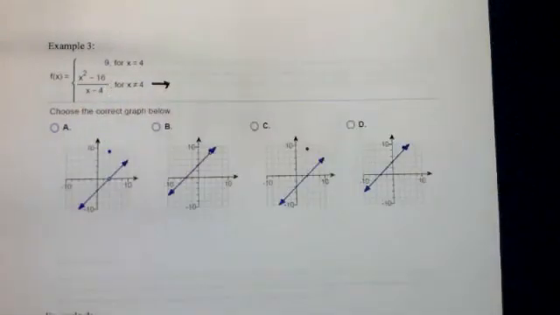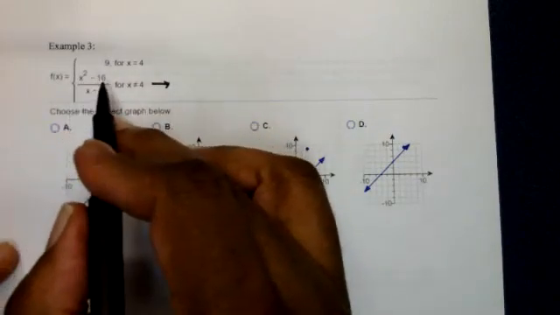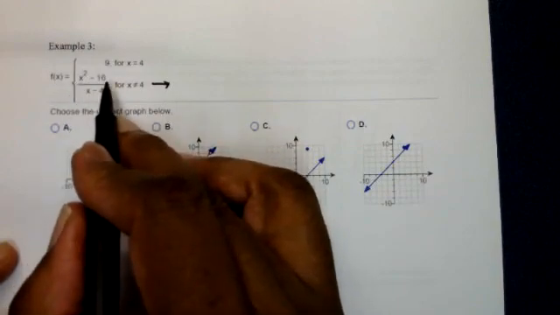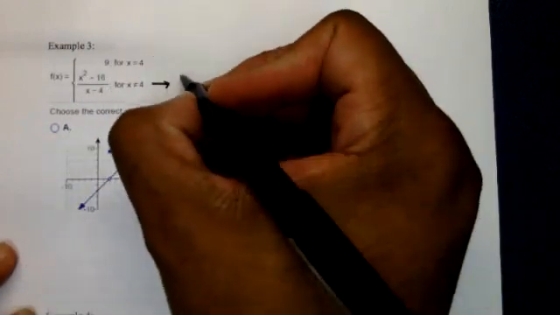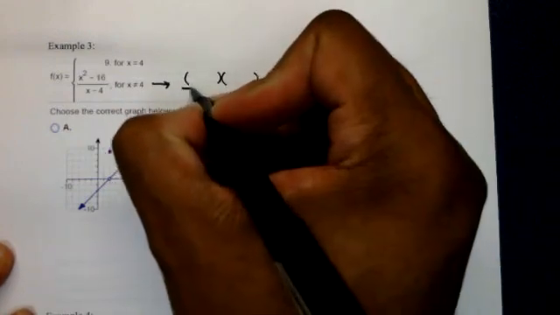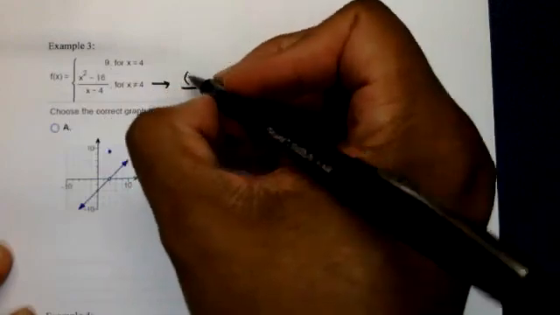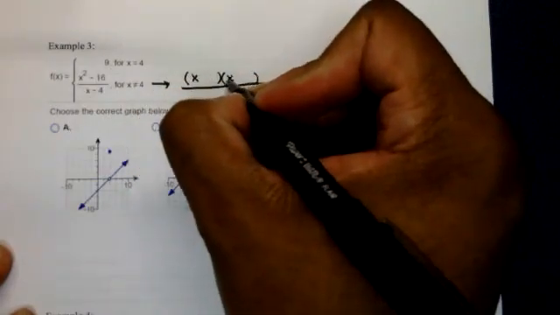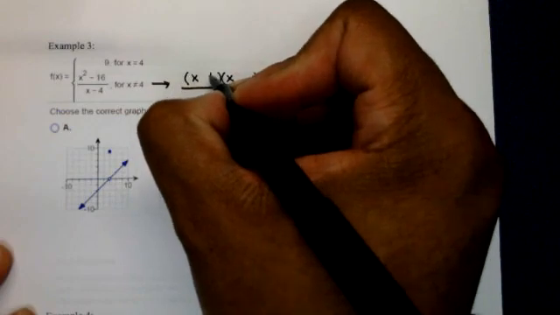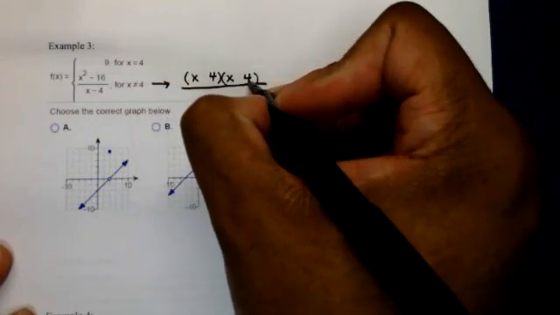We can simplify x squared minus 16 divided by x minus 4. Now that x squared minus 16, if you recall, is the difference of perfect squares, which means I can factor this into two binomials. That is, x squared breaks up as x and x. The 16, what number times itself gives you 16, has to be 4.